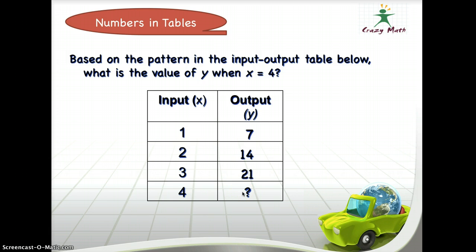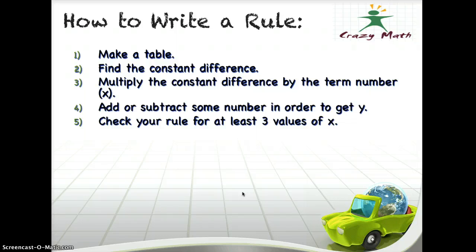Okay, now, I'm going to give you some rules that you can use, but this is what you can do most of the time. It doesn't mean that this will work every time, but most of the time this will work and it will help you structure your thinking. First one is make a table. Second, find the constant difference.